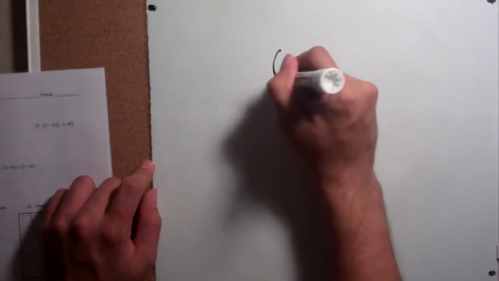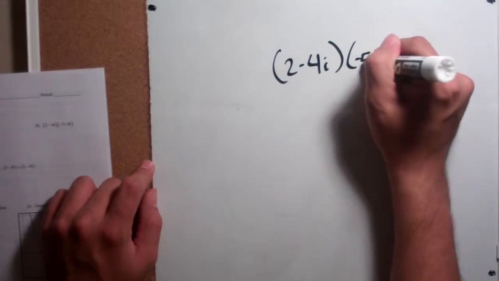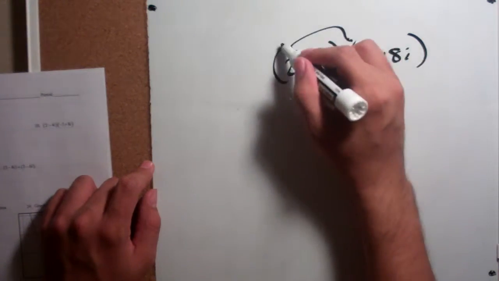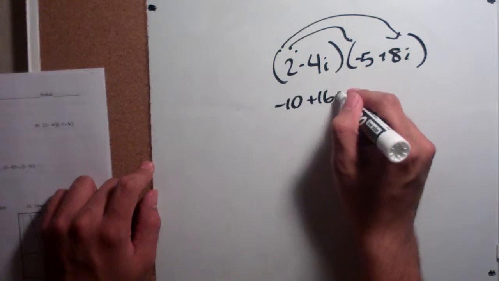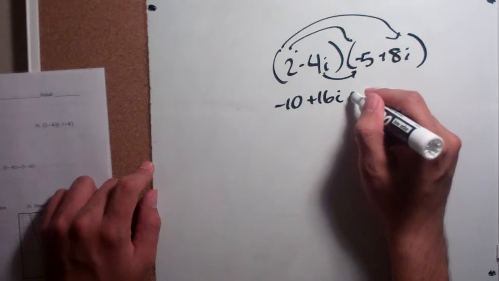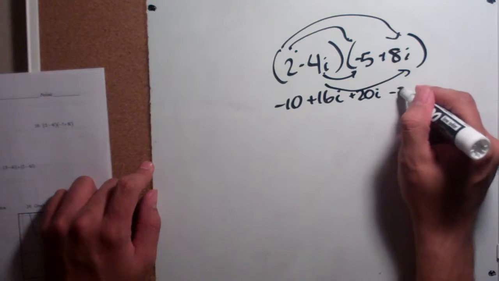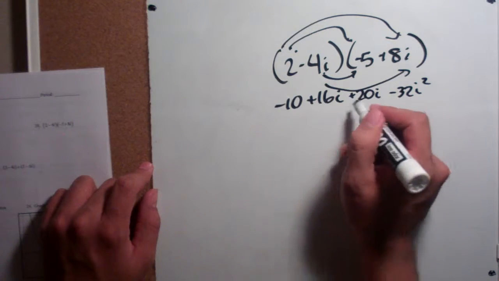Okay, now we are multiplying. I'm going to do this real fast, and I'll explain it at the end. Alright, so just follow along. So I'm going to multiply. Grab -10. We're going to have plus 16i. Multiply this. We're going to have positive 20i. And we're going to have -32i squared. Okay, with this we can simplify these two middle terms.